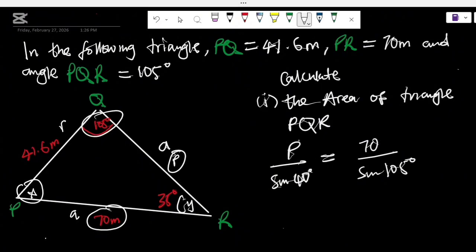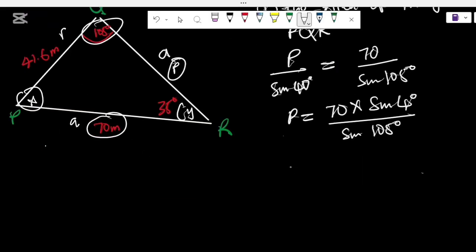So P is going to be 70 times sine 40 degrees over sine 105 degrees. When you use your calculator, you're going to get 46.6 meters. And so side P is actually 46.6.